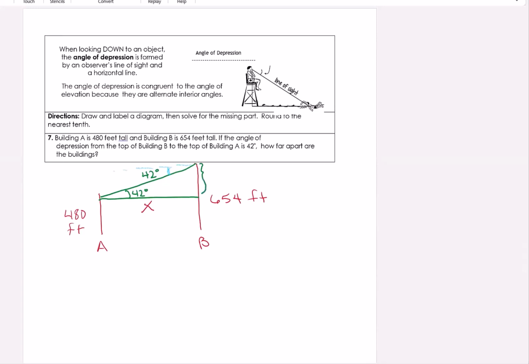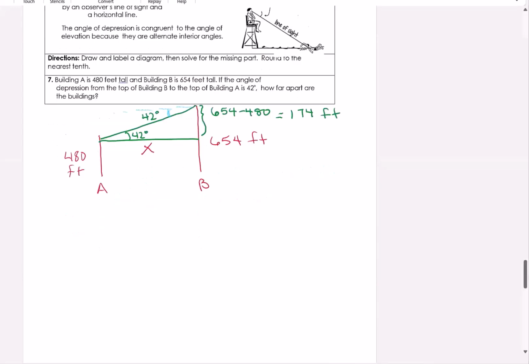That distance is going to be 654 minus 480, the height of one building minus the height of the other building. That equals 174 feet.